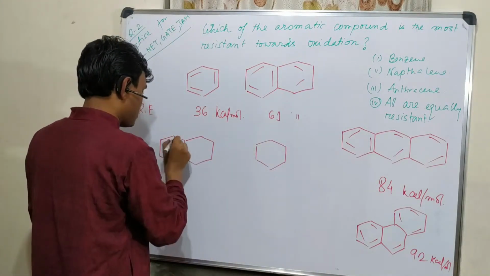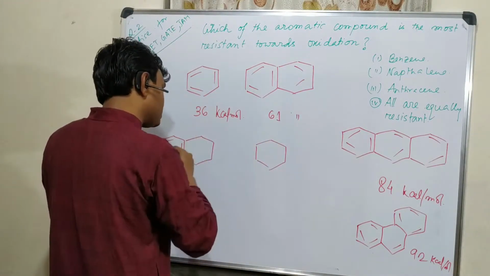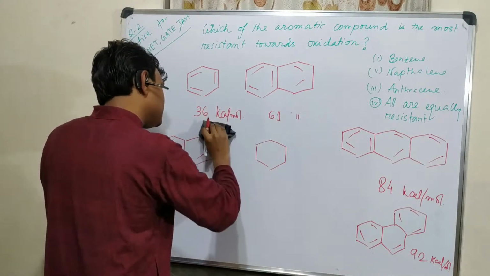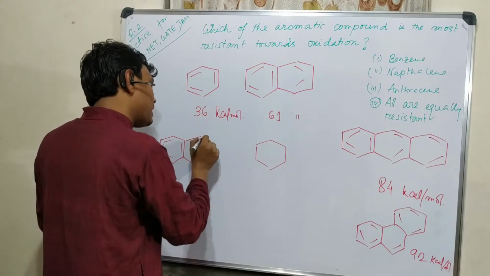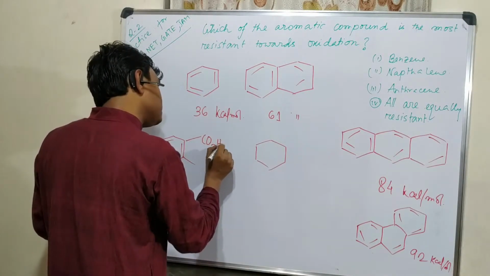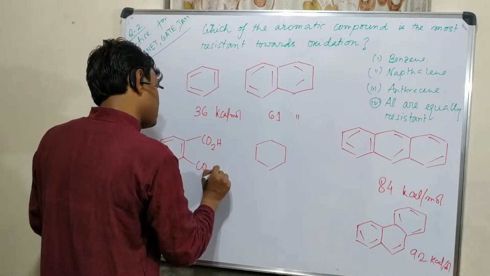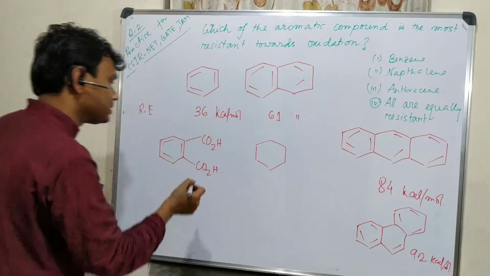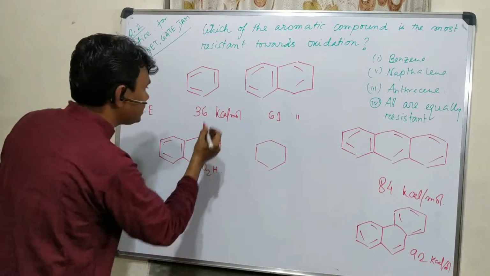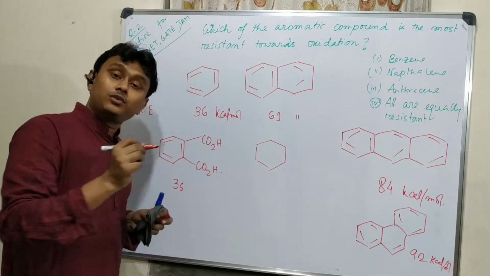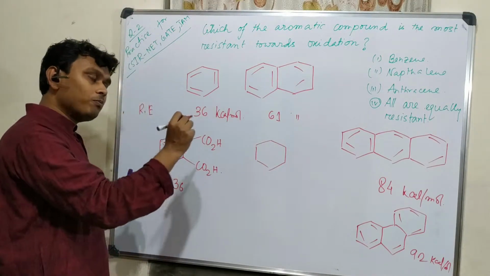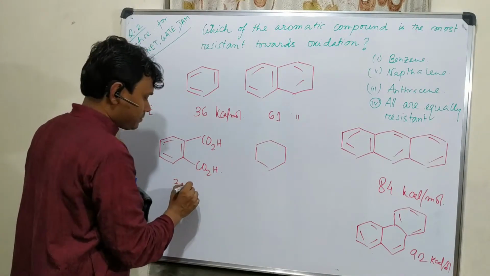If one part is oxidized, then one benzene ring remains, so that stability is retained, and it should produce this. Right now it also has 36. Actually the value is not exactly 36, but for comparative study we will consider it like that.